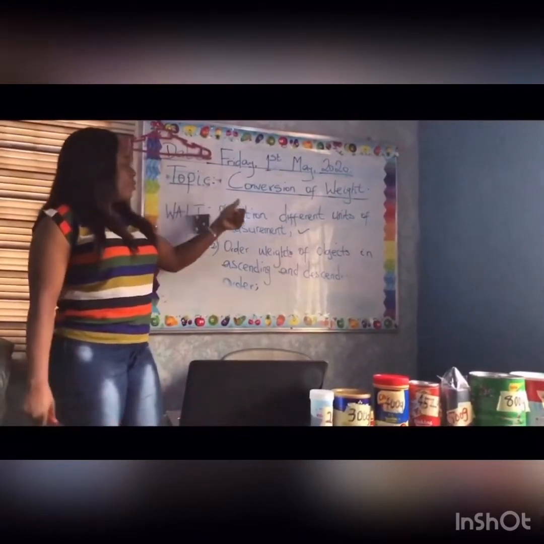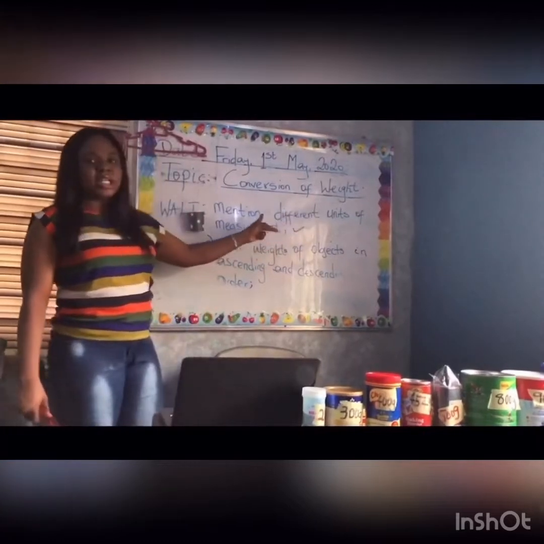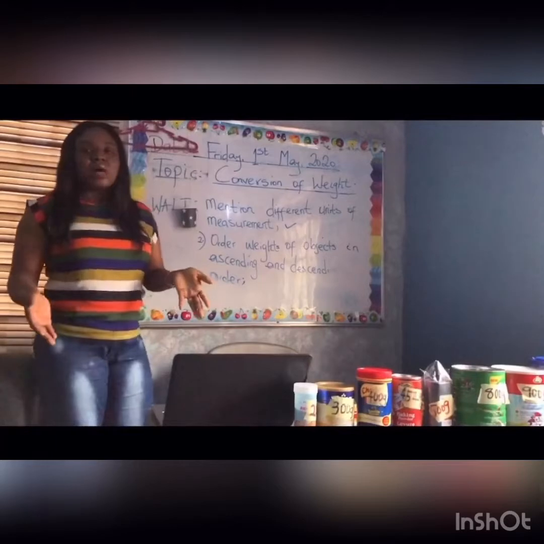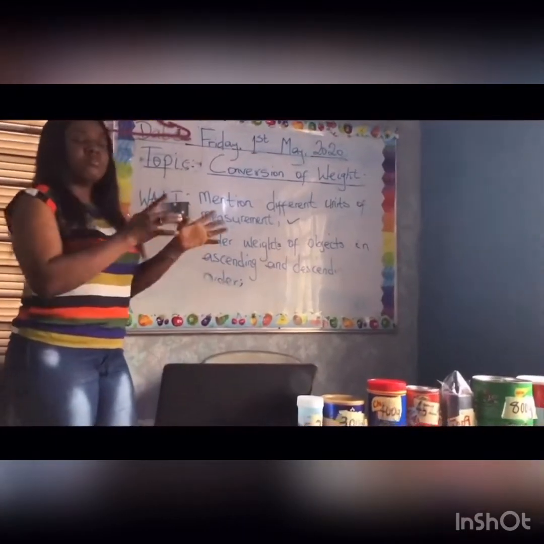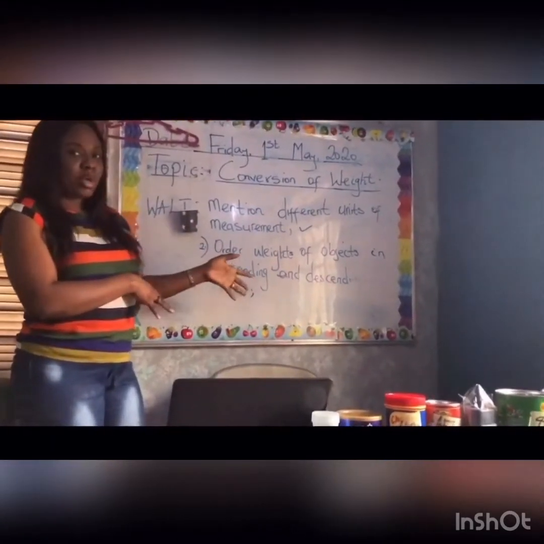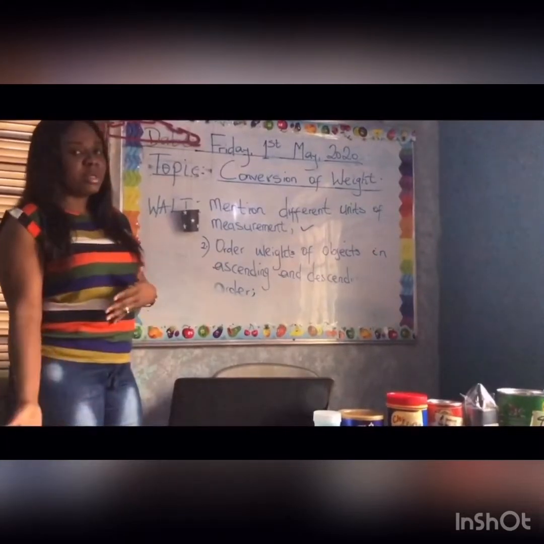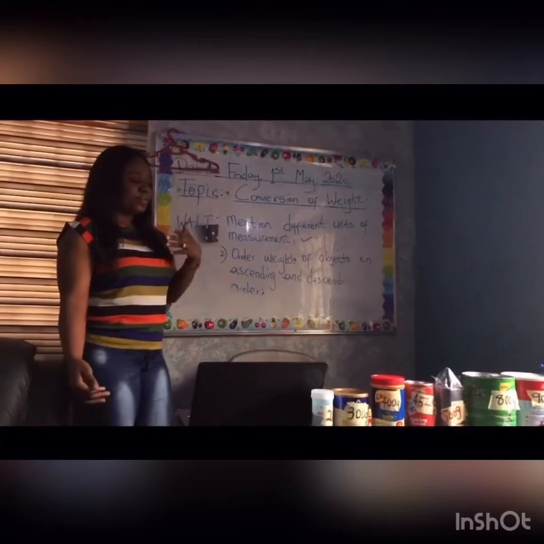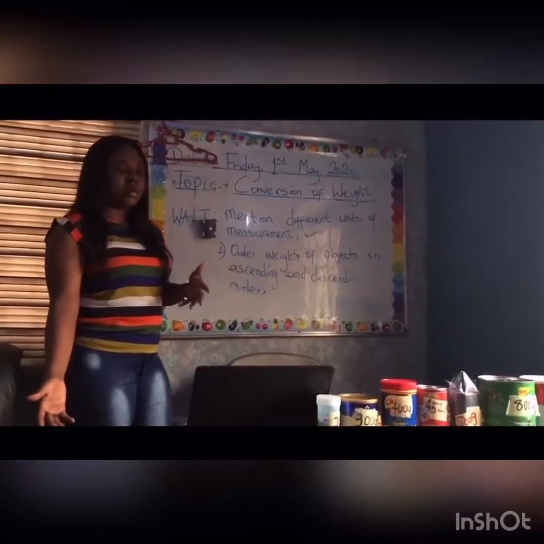We are learning to mention different units of measurement. Let's take this number one word quickly. We talked about inch when we're measuring our length, right? We talked about measurements of length and we used inch for the measurement. So that is actually one unit of measurement.